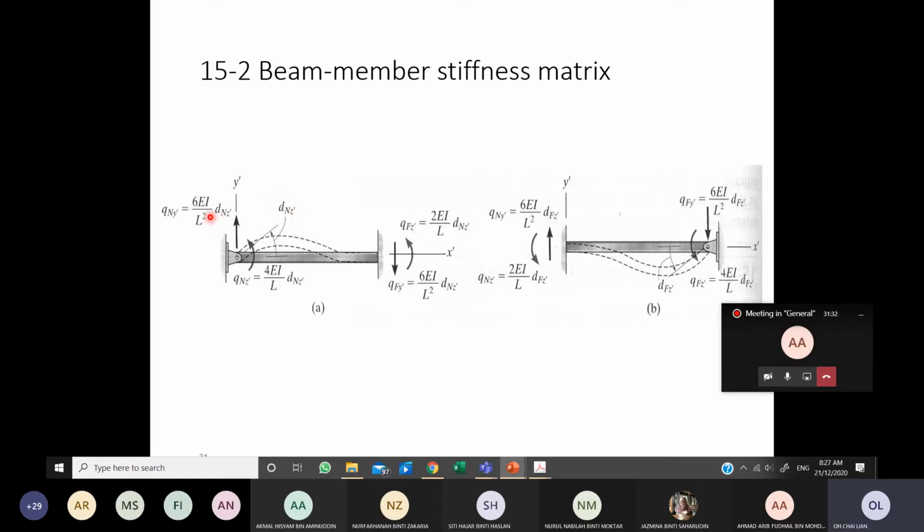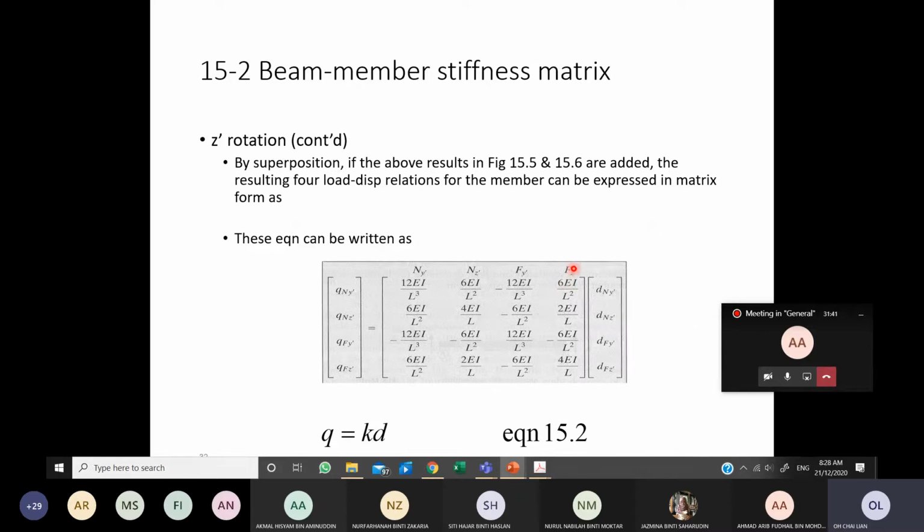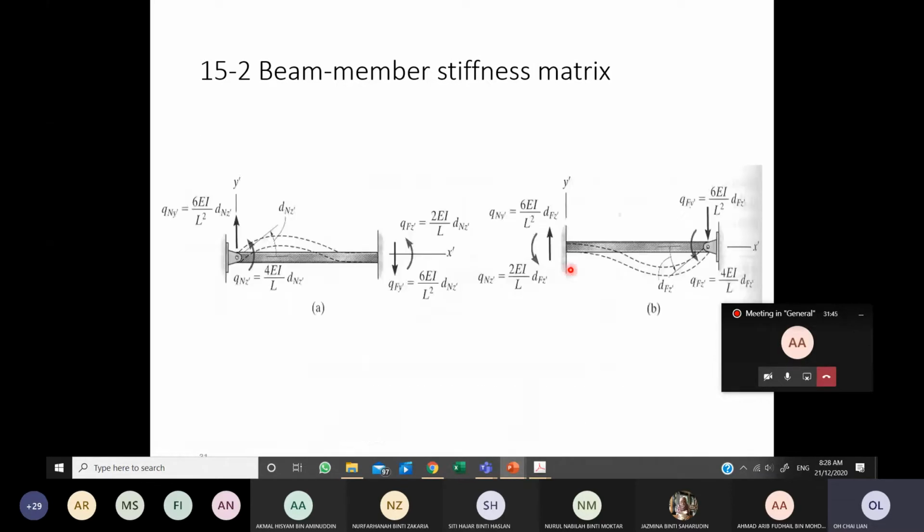Okay, so then we are going to gather all this information that we have derived here, and put it in this matrix. You can see that the information in the derivation is the Q, and some of these parameters, 6EI over L squared.